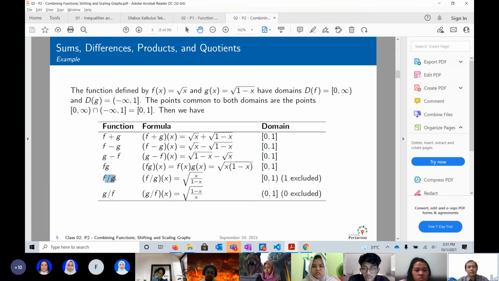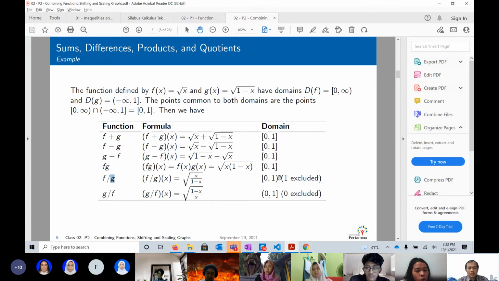So f per g. Now, remember that if we have a quotient like this, or division, then the denominator cannot be 0, meaning that the value of x that makes g 0 cannot be included in the domain.